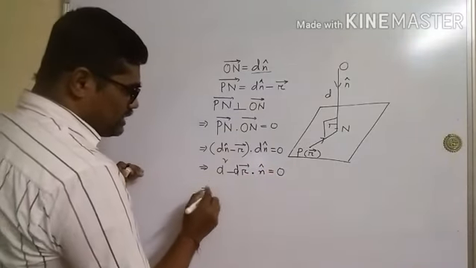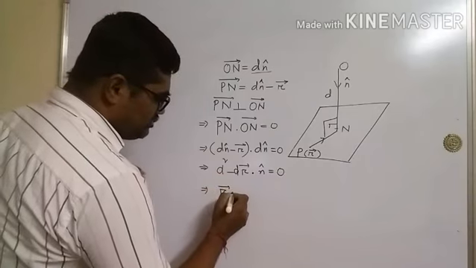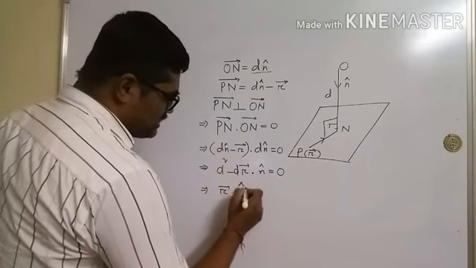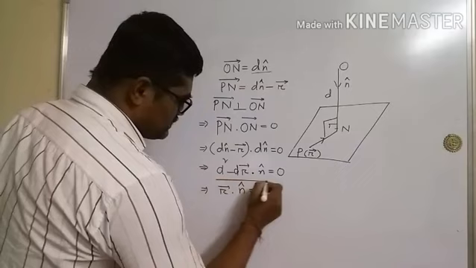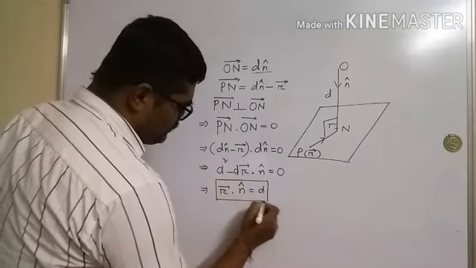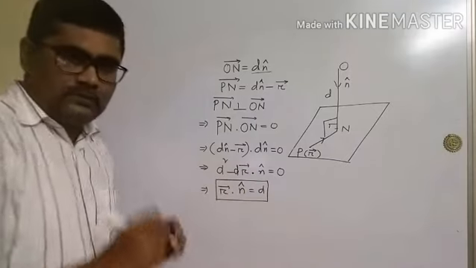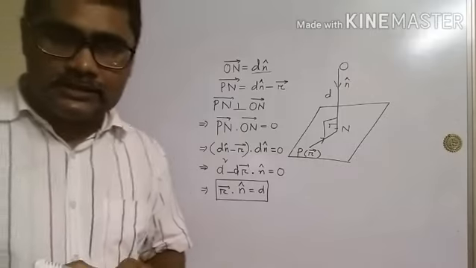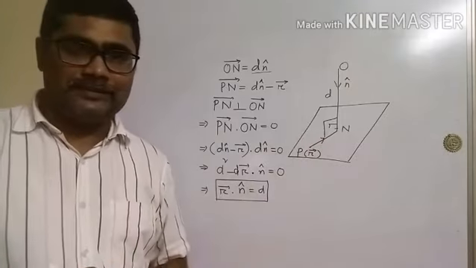So ultimately one d will be cut and you will be left with r dot n cap equal to d. So this is the required equation of this plane.